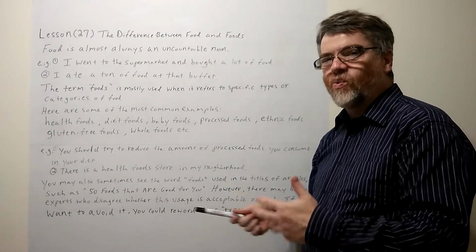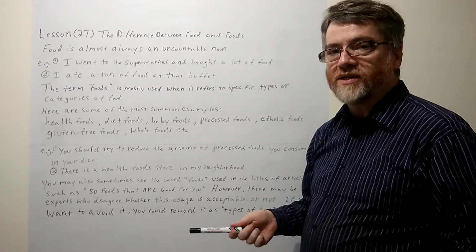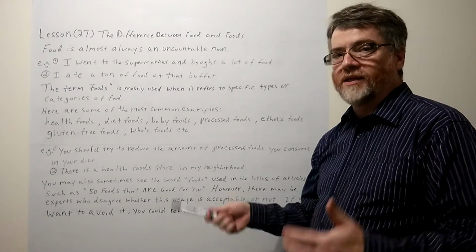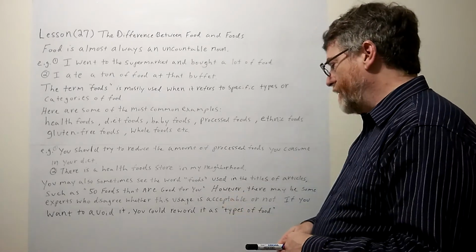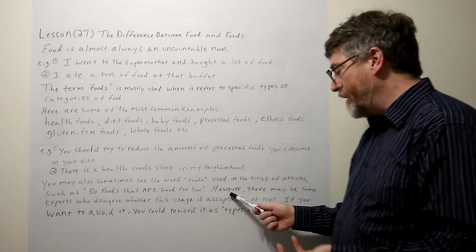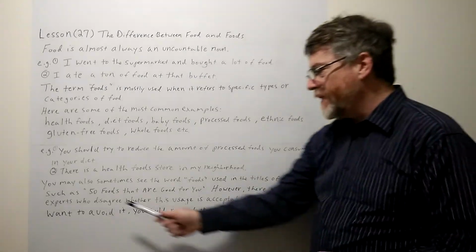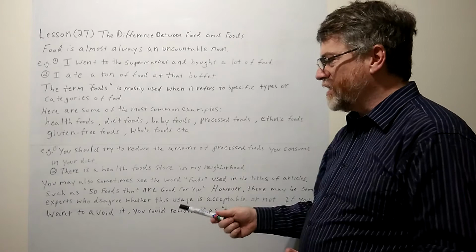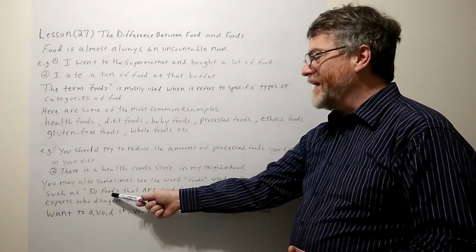Titles are not always 100% grammatically correct, so you should realize that too. So maybe you can get away with it a little bit more in a title. But, however, there may be some experts who disagree whether this usage is acceptable, just to hear the word foods used by itself.